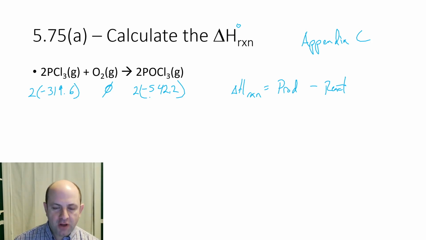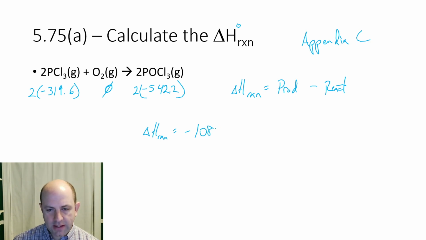So we'll take this product number and say, okay, 542.2 times 2. So this will be, let me write it over here, equal to negative 1084.4 kilojoules minus, and then we put in our reactant, so it's negative 319.6 times 2.